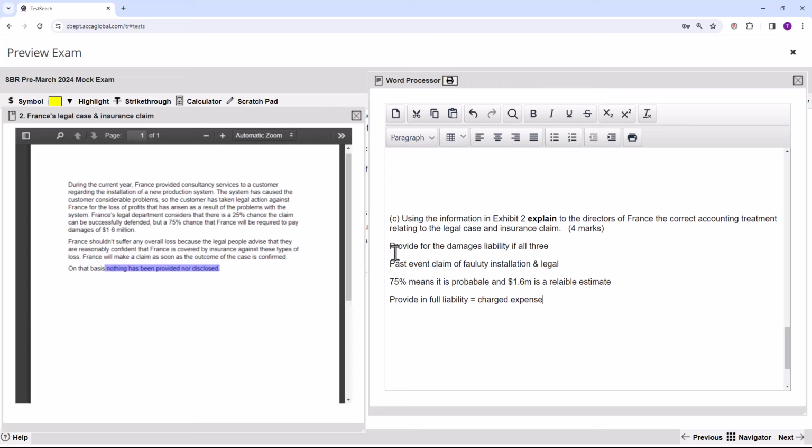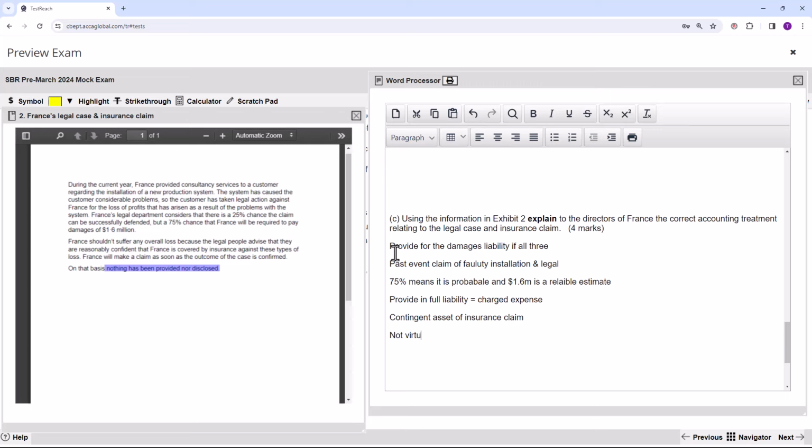Now, as a totally separate issue, we consider the insurance claim. We don't aggregate the two together. So we think about the insurance claim as a contingent asset. That's the technical term. Now, if we are going to recognize this as an asset, it has to be virtually certain.